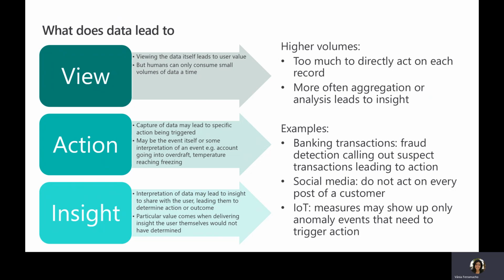IoT will monitor to see if the temperature goes up or down to the value that was configured, and as soon as it reaches that value, it will trigger an action, right? So we will need to interpret those, and insight will assist us.